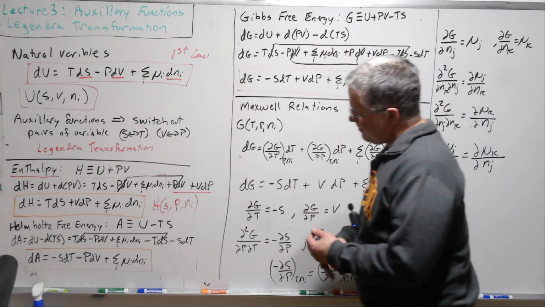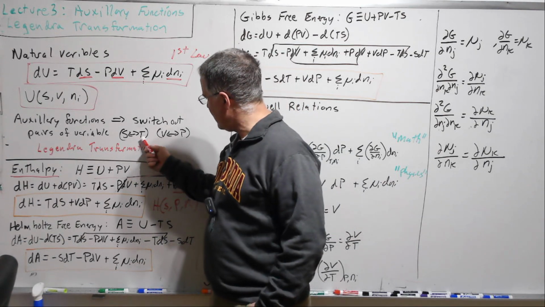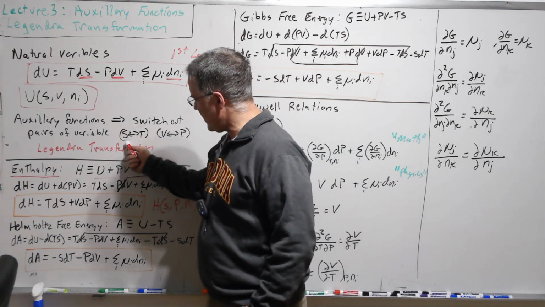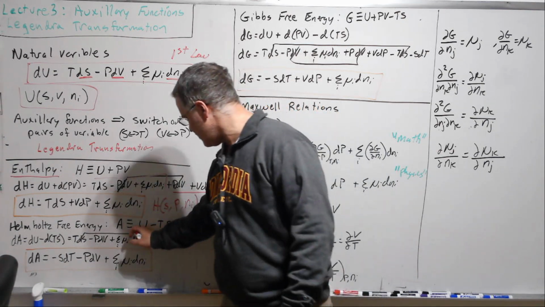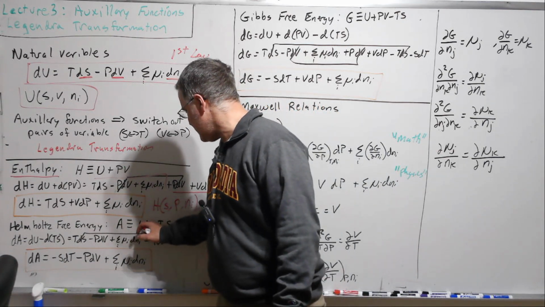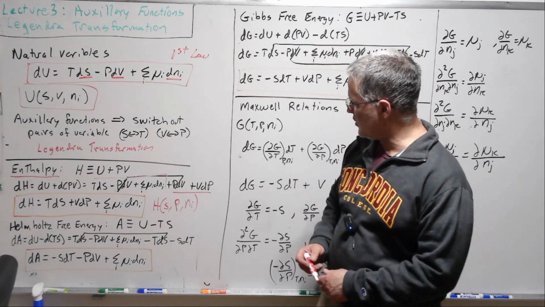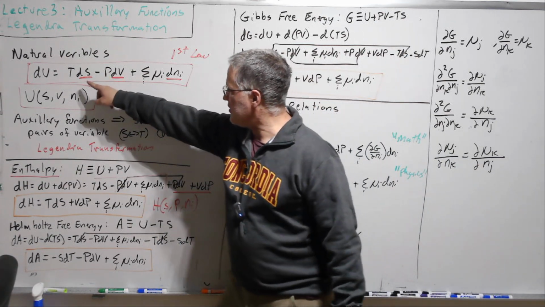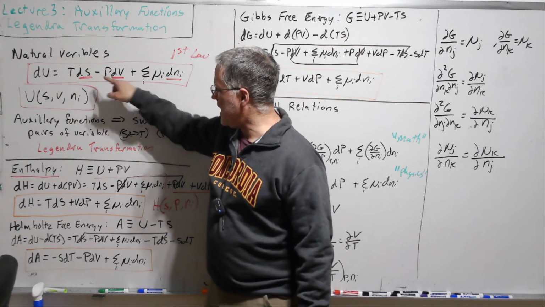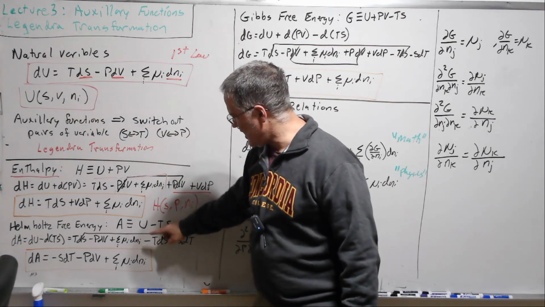All right, well, let's do the same for S and T. We'll keep V and we'll switch out S and T. We'll do that by creating the Helmholtz free energy. So the definition here, A is U minus TS. Notice a minus sign here because this is coming in as a plus SdT, and this was a minus PV. So we have a minus sign here.